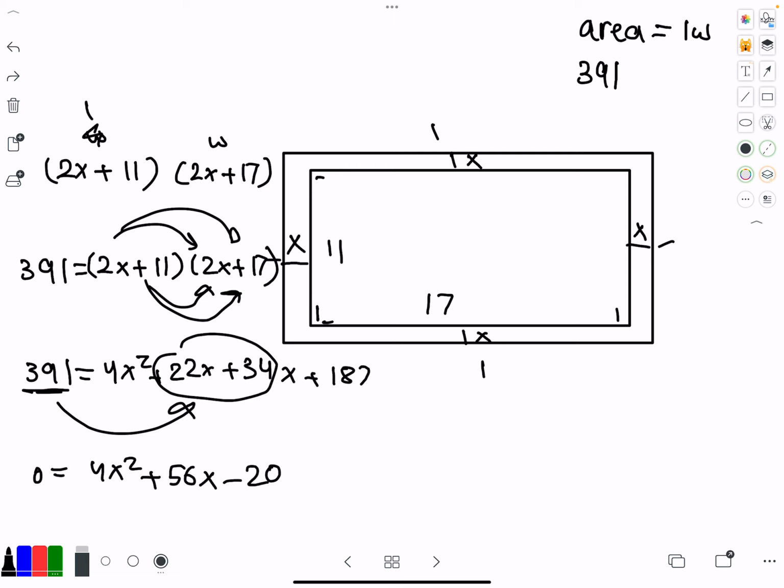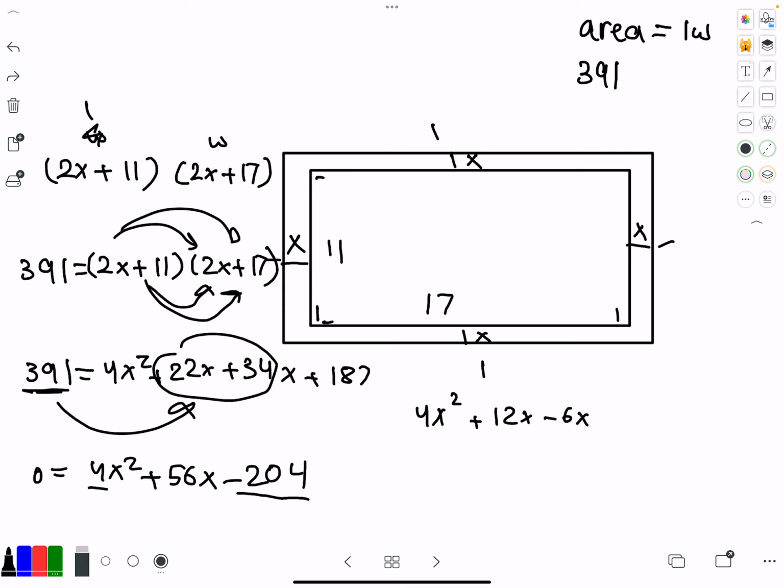So now you take two numbers that multiply to give you negative 816. When you add them, they give you 56. I'm going to spare you the disgusting things I had to do. It's negative 68 and 12. So you take 4x squared plus 12x. Remember to put the positive first.